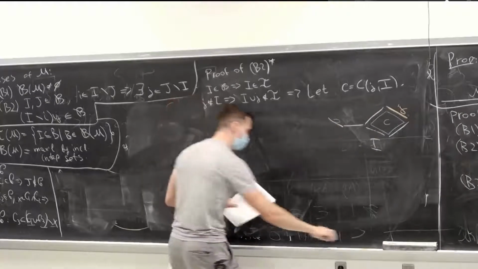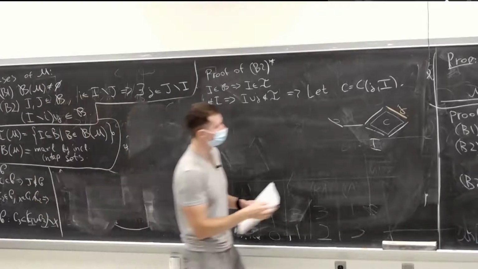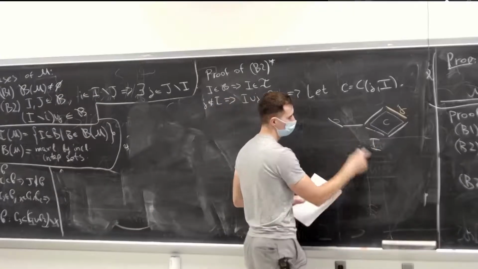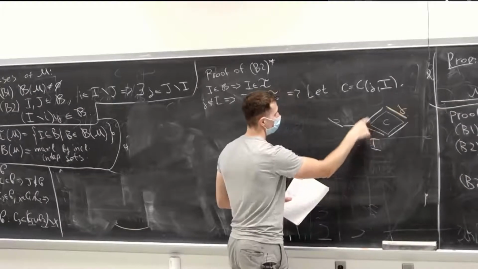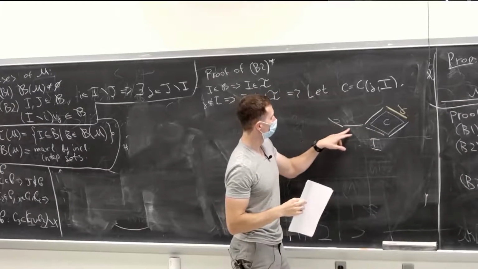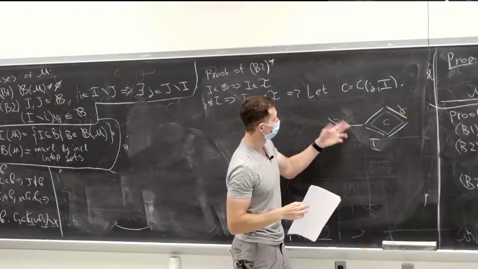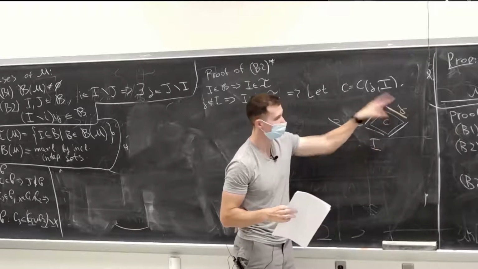So then I want to find a little i in capital I, which I can remove to get a basis. My question is, which elements i can I remove from capital I to add j and get a basis?